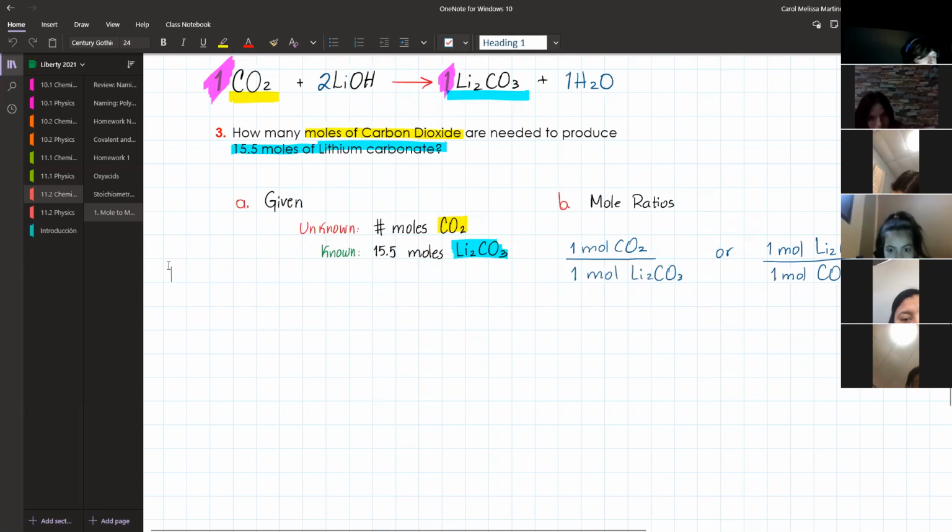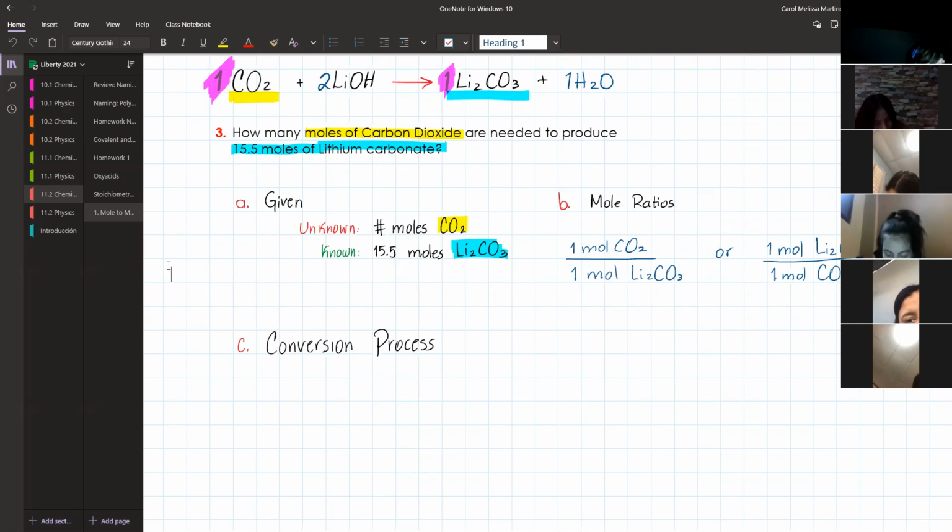After you have the mole ratio, comes the conversion process. We always begin with the given.